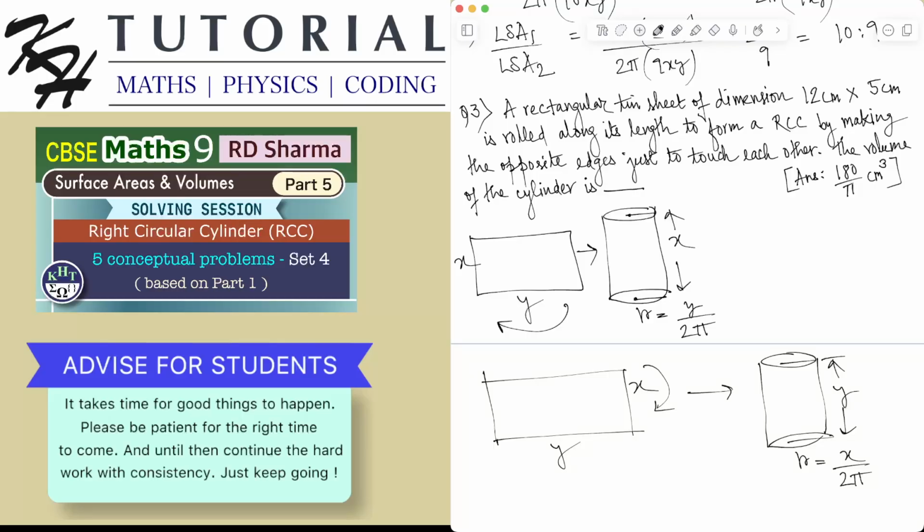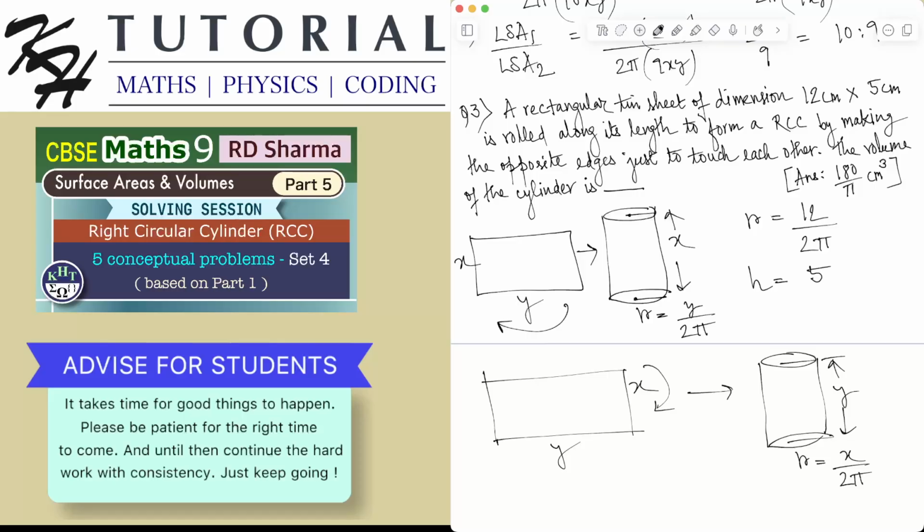In this problem, a rectangular sheet is rolled along its length. So the base radius of the RCC formed will be, since it is rolled along the length, the length divided by 2 pi, which is 12 divided by 2 pi, and the height should be equal to the width or breadth of the sheet, which is 5.